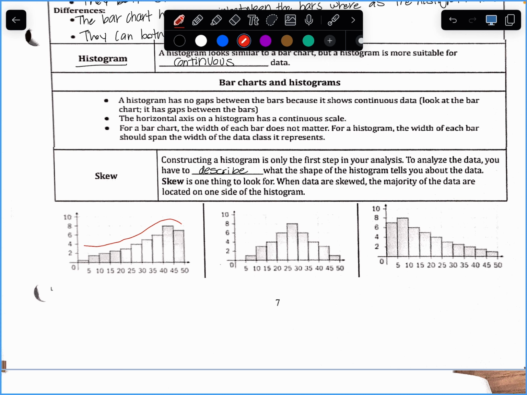So since it's got the tail extending to the left, this is left or negatively skewed.